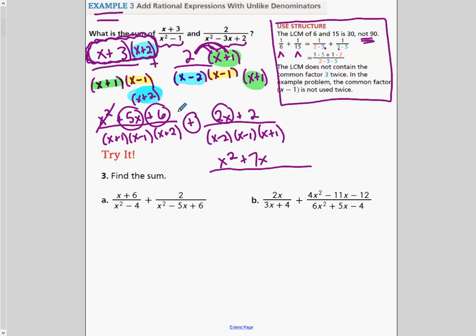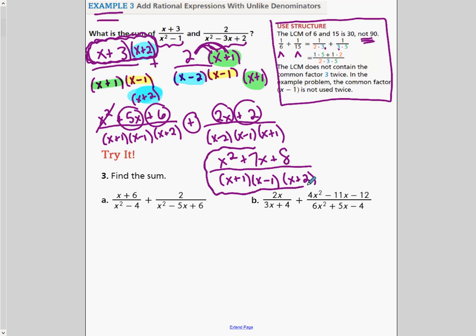So all that's in the numerator, and then we have x plus 1, x minus 1, x plus 2 down in the denominator. I'm not going to have you multiply this out. You don't have to worry about FOILing that. You can leave the bottom in factored form. So that is finding the sum of rational expressions.